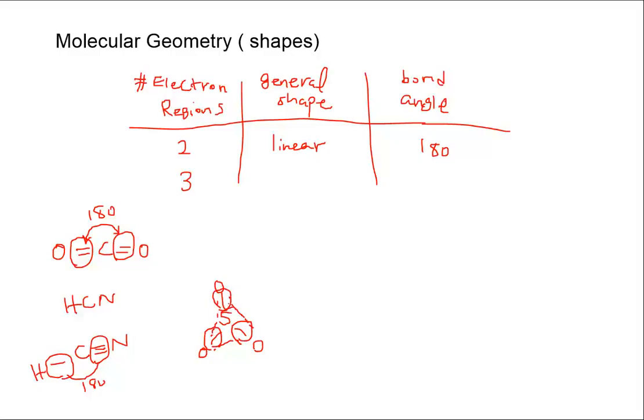Because electrons repel each other, they will form 120 degrees from each other, and this is the farthest apart these bonds can be from each other. So the angle is 120 and the shape is trigonal planar.